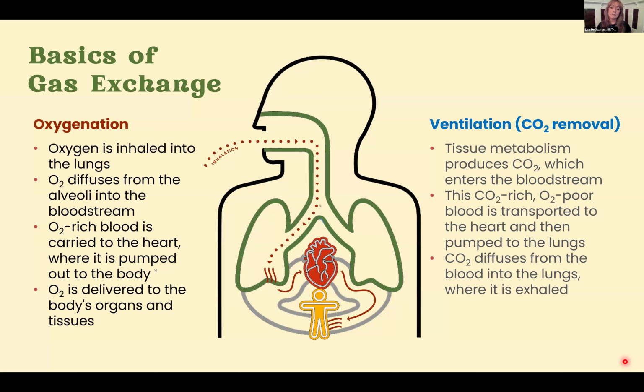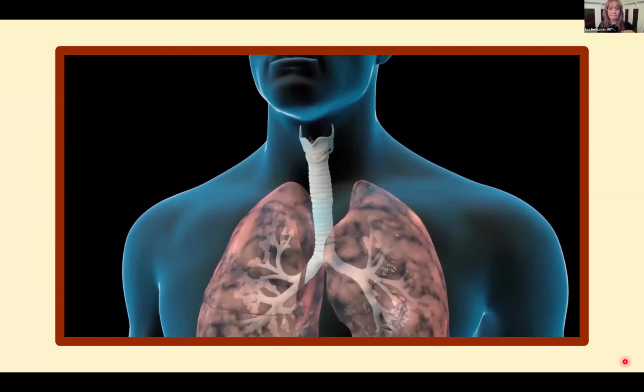That is dumped back into the bloodstream, returns, and then crosses at the alveolar sacs and is released through our exhalation. So we saw the in, and then there is the exhalation coming out. A simple but very effective way of looking at how the oxygen comes in and the CO2 leaves the body. And that's what we call ventilation.